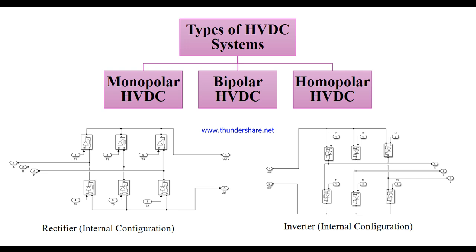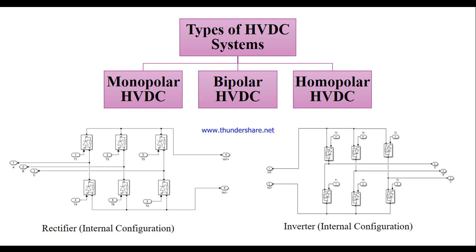Bipolar HVDC uses two conductors with opposite polarities, and the third type, homopolar HVDC, uses two conductors of the same polarity with earth or metallic return.